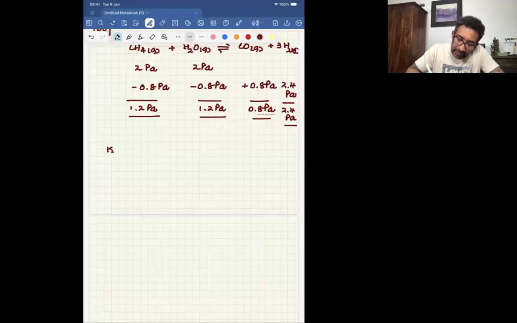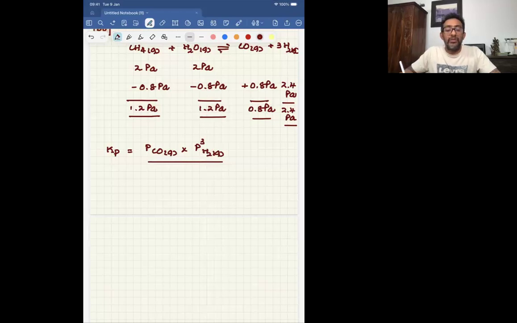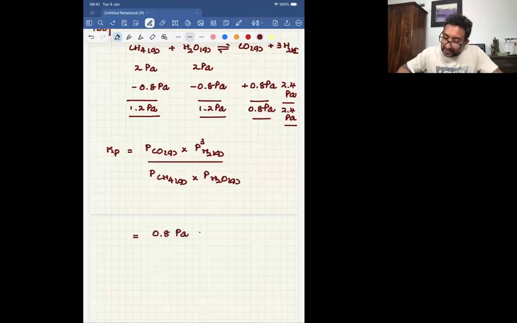Calculate the Kp in that reaction. So what is Kp? Kp is equal to partial pressure of carbon monoxide gas times partial pressure of hydrogen cubed, divided by partial pressure of methane gas times partial pressure of water. Always in a constant volume, number of moles is proportional to the pressure. Carbon monoxide, 0.8 pascals. Hydrogen, 2.4 pascals cubed.